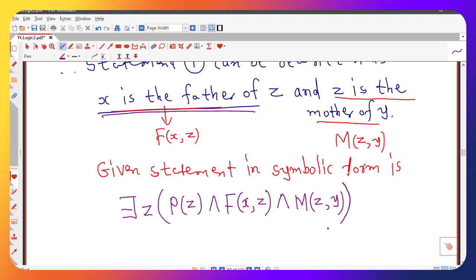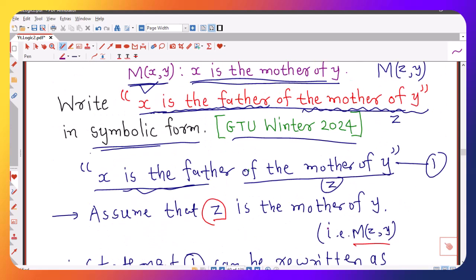This is the required symbolic form for this statement: x is the father of the mother of y.